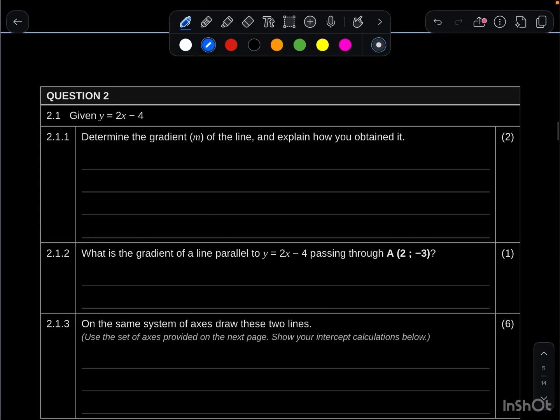Two, given y is equal to 2x minus 4, determine the gradient m of the line and explain how you obtained it. Okay, so the gradient of this line m is just 2 because the gradient is the coefficient of x.